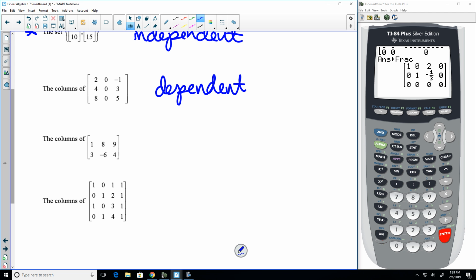I can't get a pivot entry in there, so it has to be free. So this one I already know how it row reduces. I can make this 2 a 1 and these 0. That's going to stay 0. I can make that guy a 1 and make the other 0. So that's how it row reduces.